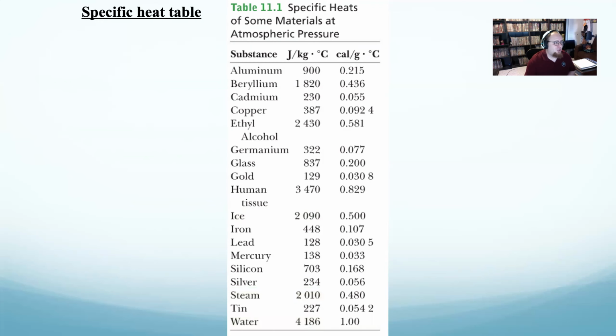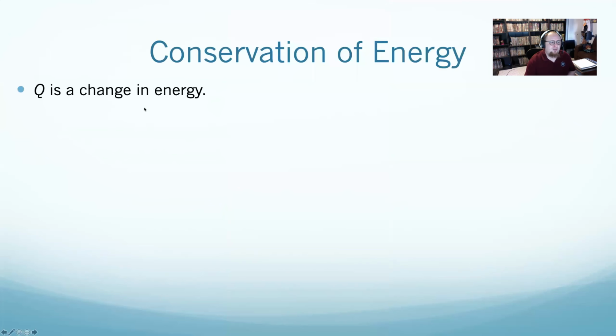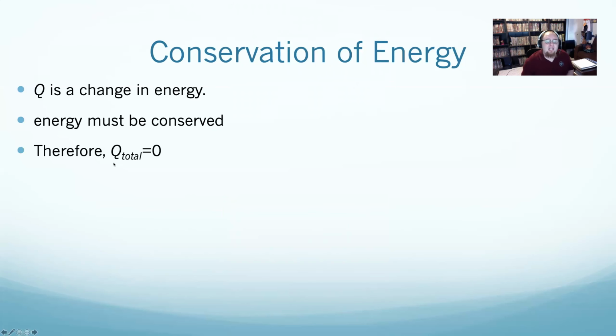However, moving on with this. Q is heat and change in thermal energy. But we also know the law of conservation of energy. Energy can't be created or destroyed. And therefore, in a full system, we cannot create energy and we cannot destroy energy. So the total heat in any closed system must be zero.